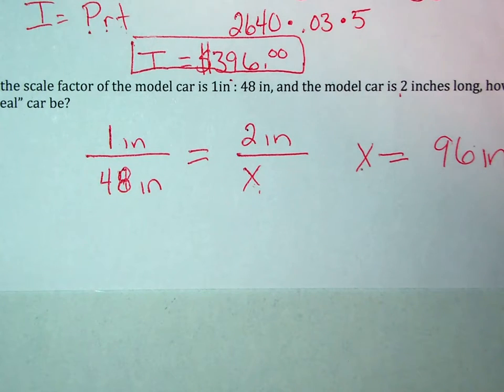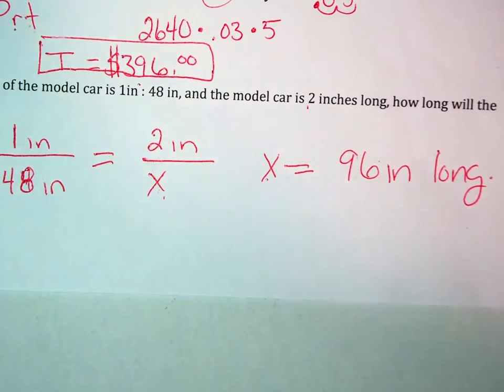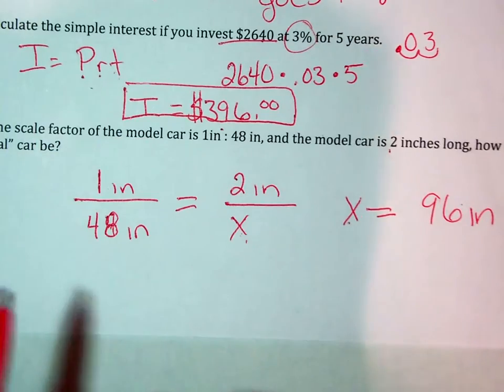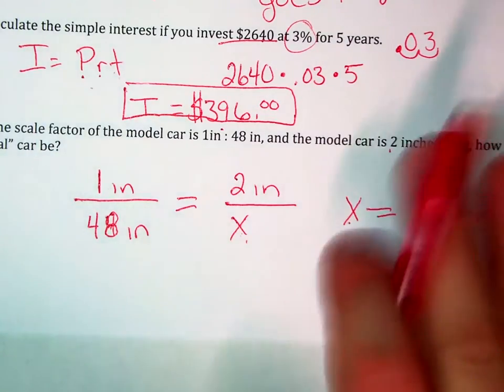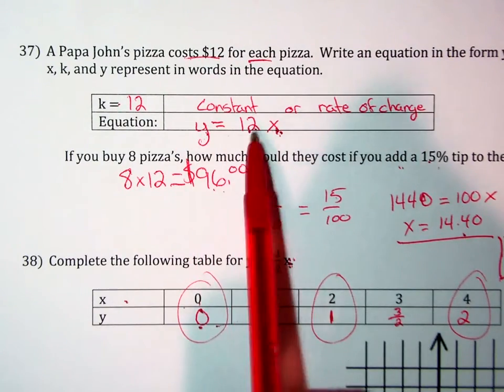Hopefully you enjoyed working on your study guide. Real quickly before I close, remember that there are a couple of equations or formulas that you need to have memorized. One was that simple interest, which we just dealt with, I equals PRT. Another was the equation of a line, problem 37, y equals kx.